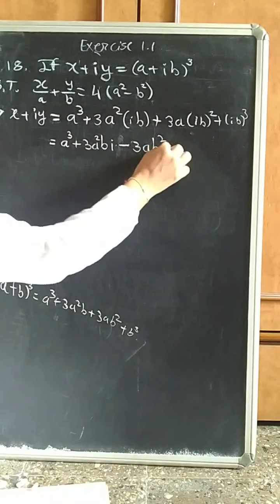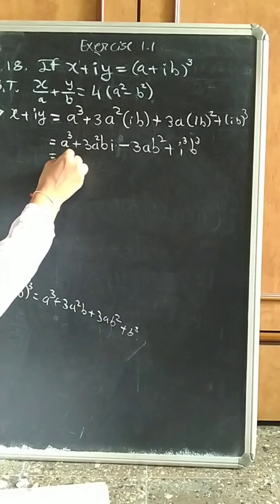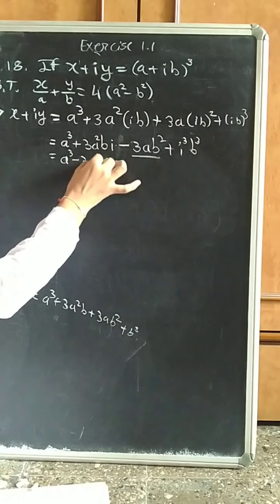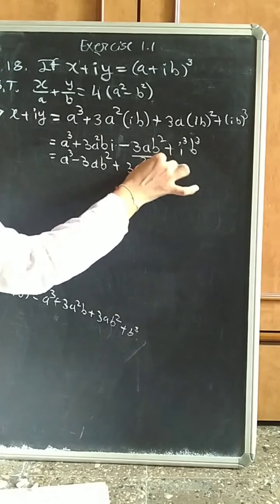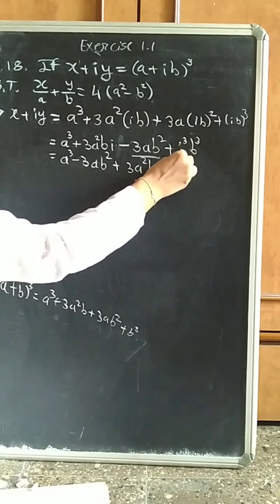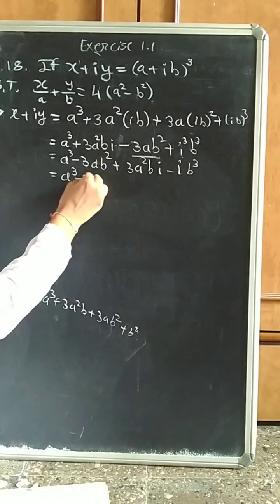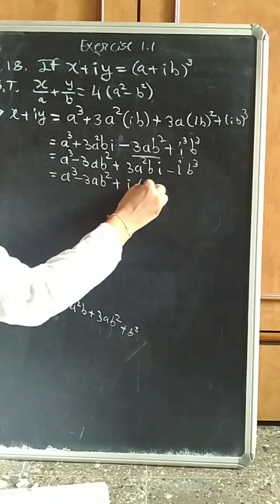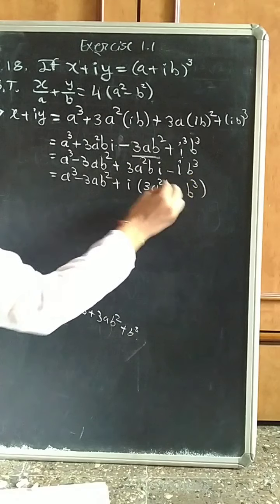ib cube is i cube b cube, so is a cube, हे रियल पार्ट इकडे जवळ आणलं, 3ab square plus 3a square b i, and this is i cube is minus i and b cube as it is, so a cube minus 3ab square plus i 3a square b minus b cube.